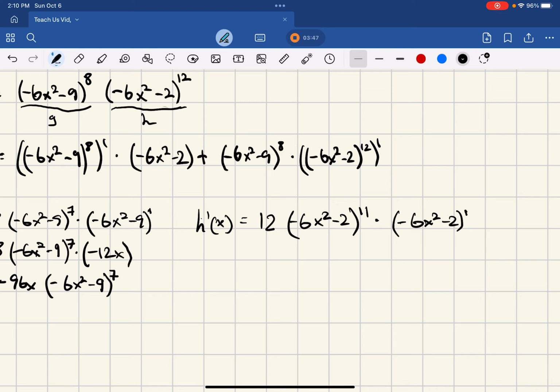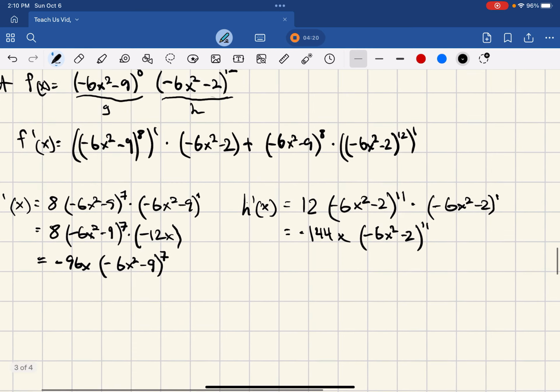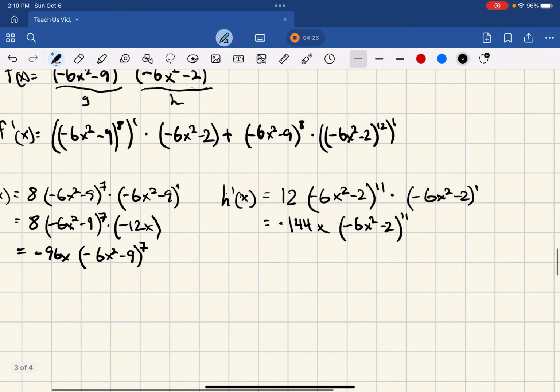This will equal negative 144 times x, and then times (negative 6x squared minus 2) to the 11th power. The derivative of negative 6x squared minus 2 is just negative 12x, which I skipped over because it's the same answer. And then we get this result here.